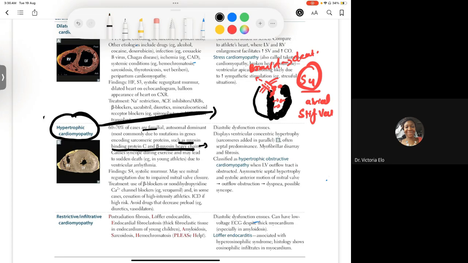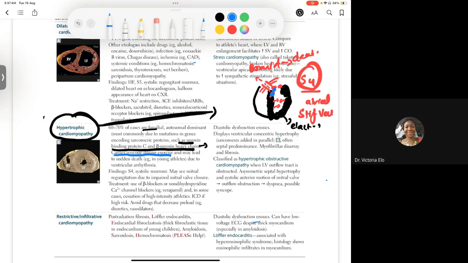And as we have excessive hypertrophy, the electrical activity of the heart is also going to become disrupted, which can lead to arrhythmias as well. So you can see it can cause syncope during exercise. Why? During exercise, this is your U1 MCQ: which part of the heart leads to obstruction? Some part of your interventricular septum and mitral valve cusp are going to obstruct the aorta.